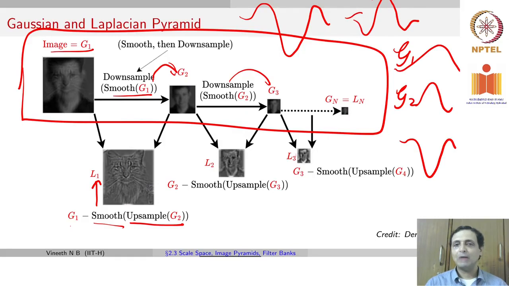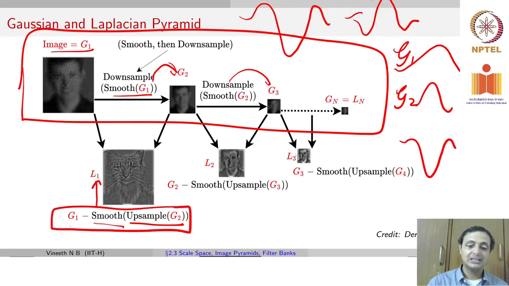Clearly, you'll have to choose the variance for G1 and G2 appropriately to get the kind of Laplacian that you're looking for. And because in this particular example, G1 minus the smoothed upsampled version of G2 turns out to be a difference of Gaussians, it effectively will turn out to be some kind of a Laplacian, which is why we call it a Laplacian pyramid.